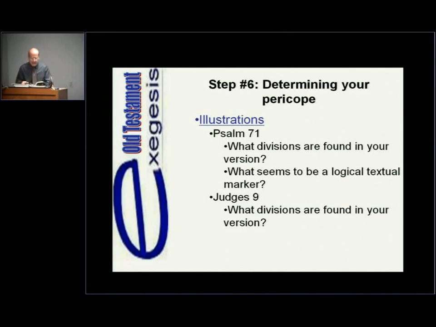So what is it that you would see, looking at this text from an exegetical point of view, as a reason to divide? It goes verses 1 and 2, and 3 is a second separate pericope. What do you see as the difference in verses 2 and 3 that would warrant or justify making verse 3 the beginning of a new pericope?